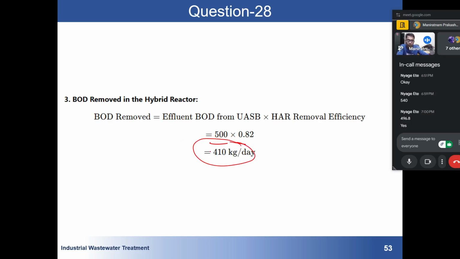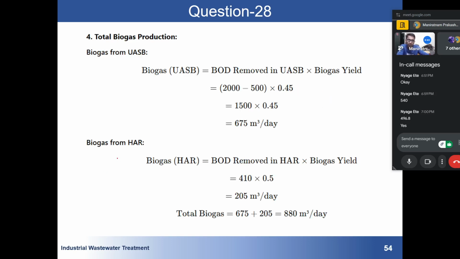If you make a diagram, initially 2,000 was coming to the UASB, then from here 500 is going, and 410 is removed, so the final concentration coming out will be 90 kg per day. Okay, so this is what is written here.